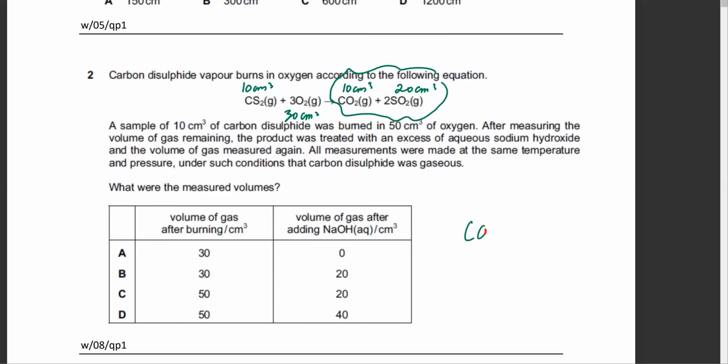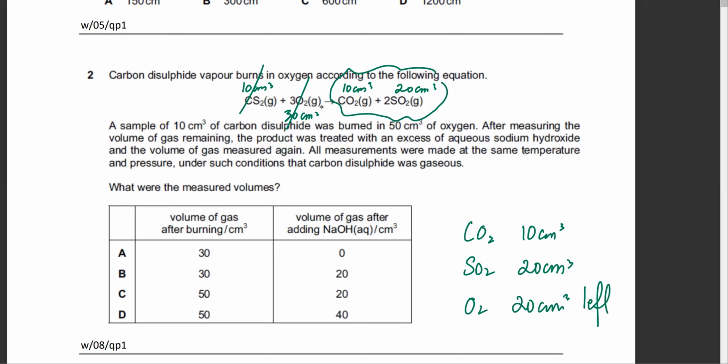What do you have at the end? You've got CO2, which is 10 cm cube, produced. The CS2 and O2 have reacted, these are gone. You've got SO2, and the volume of SO2 is 20 cm cube. And what is the leftover oxygen? He added 50 cm cube, so 20 cm cube is left at the end.